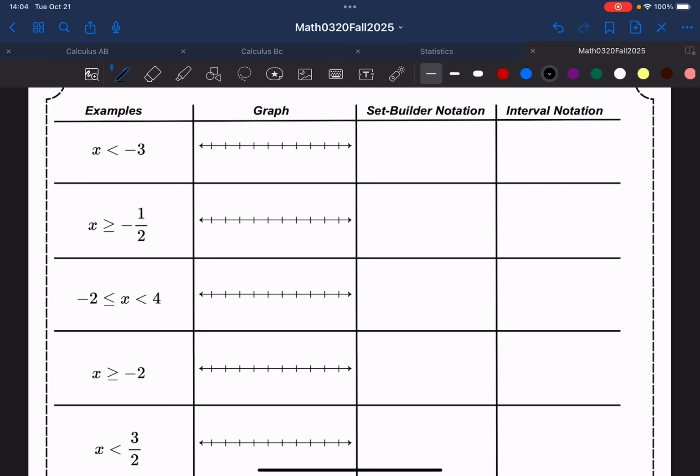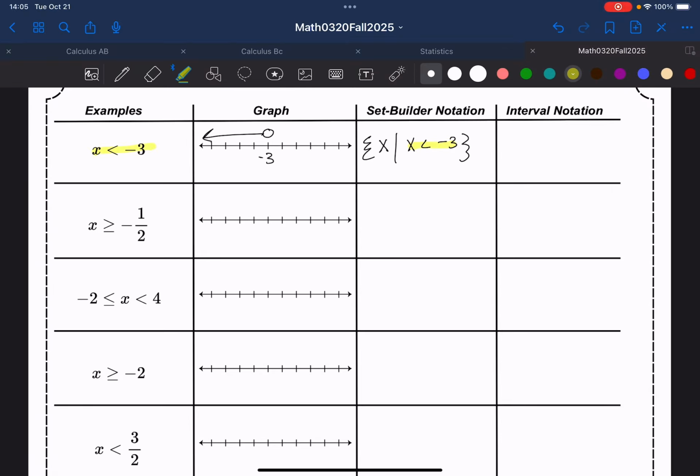So the first one says x is less than negative 3. So I'm going to graph it. Okay, less than, so that's an open circle, arrow to the left. Set builder notation, I do curly brackets, x such that x is less than negative 3.